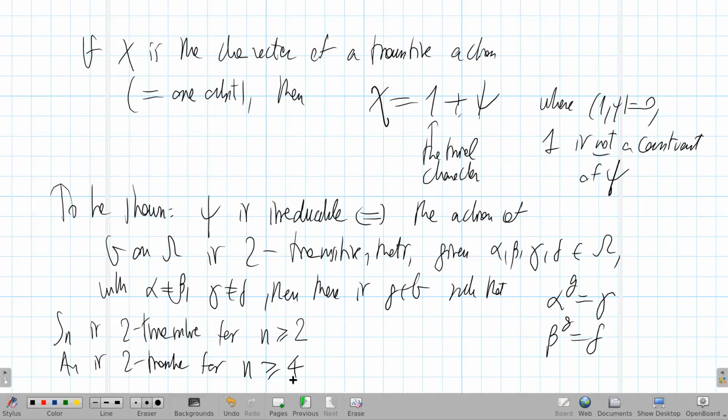So the symmetric and alternating groups are 2-transitive, and we'll see that this allows us to find irreducible characters in this form. And in particular for S3, we will find that the character 2, minus 1, 0, which we have already found with the orthogonality relations, also comes from this recipe.